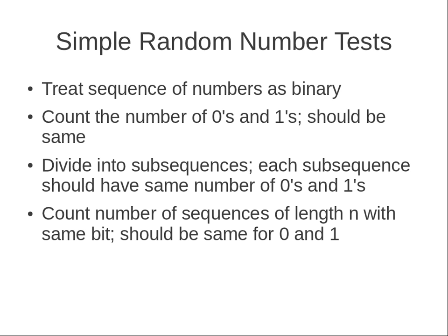Divide that 1,000 bits into subsequences of 100 bits, and then look at each subsequence of 100 bits. There should be 50 and 50, and then 50, 50, and so on. Look at the lengths. If you have a sequence of 4 zeros, 0, 0, 0, 0, in the entire sequence, count the number of such sequences, and similarly the number of sequences of 4 ones, and they should be the same. And there are other answers as well.